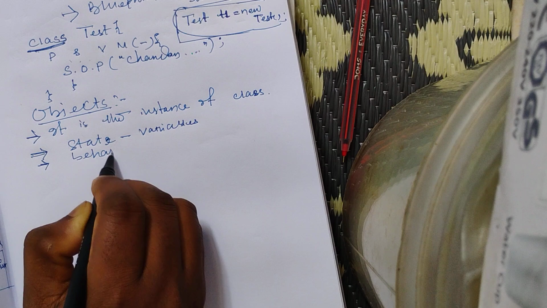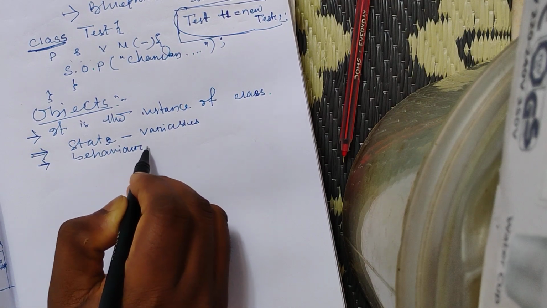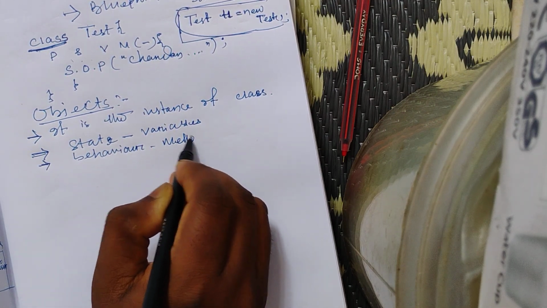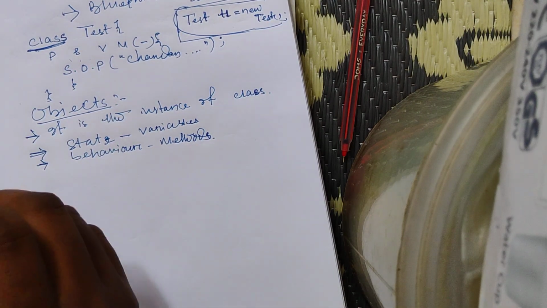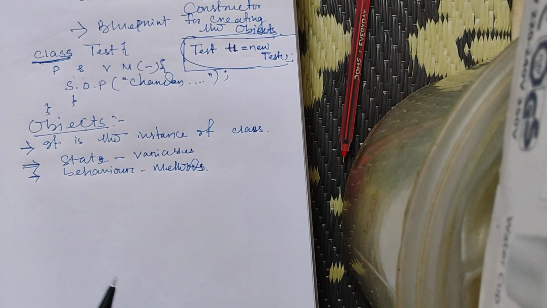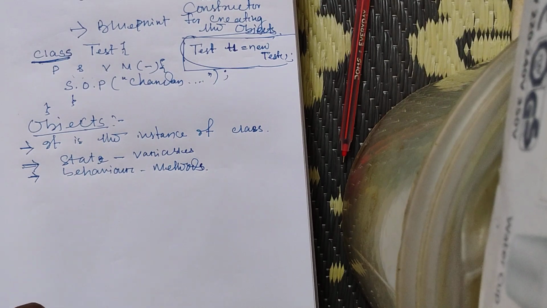Behavior means methods. So objects are real-time instances, or a real-time entity, which has some state and behavior. State means variables, behavior means methods. Object is always created of a class.